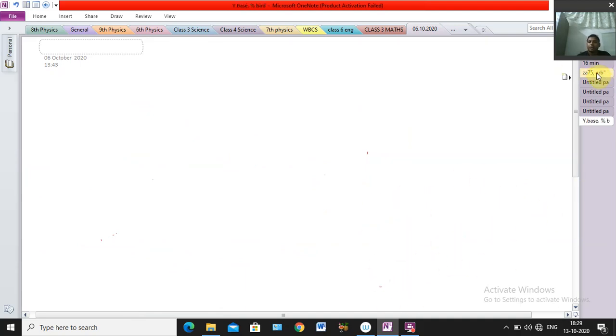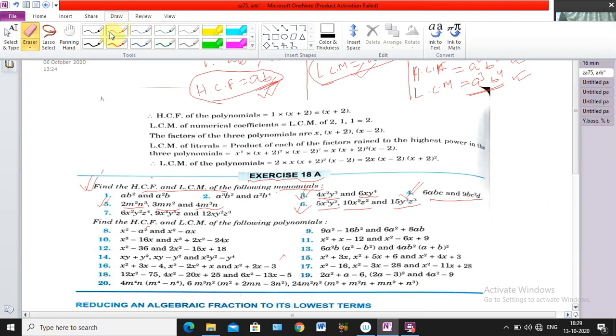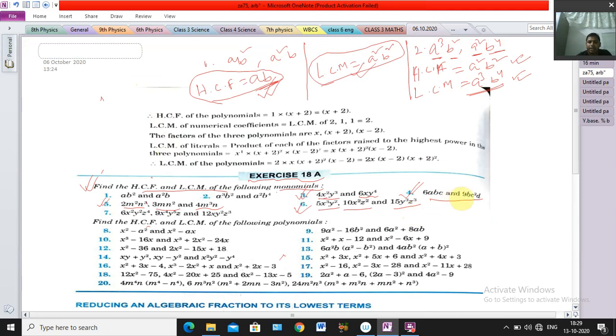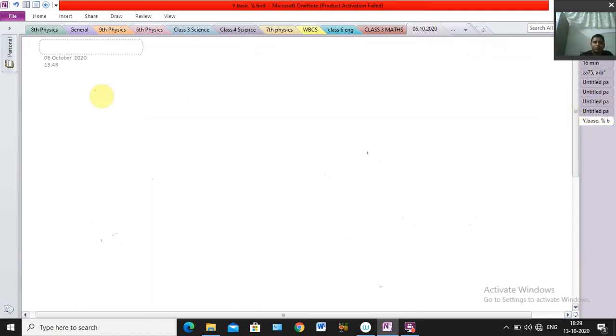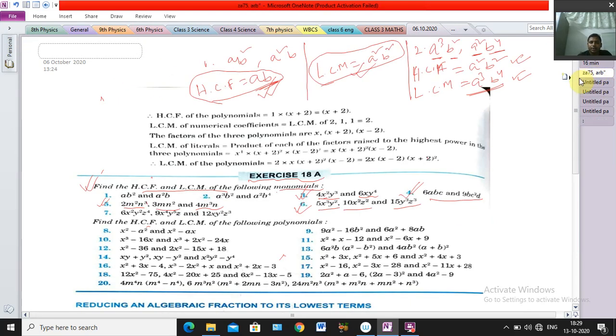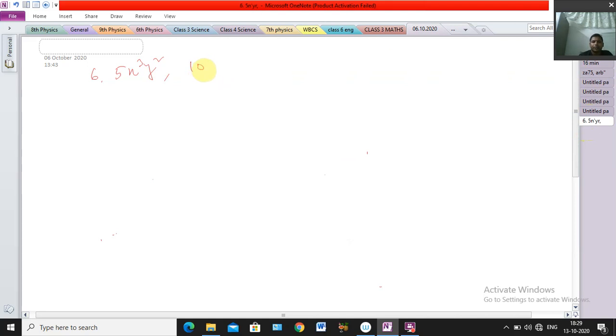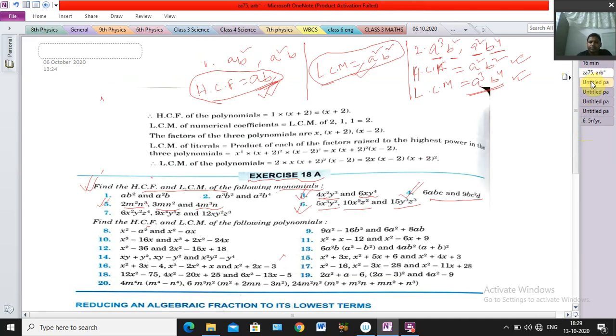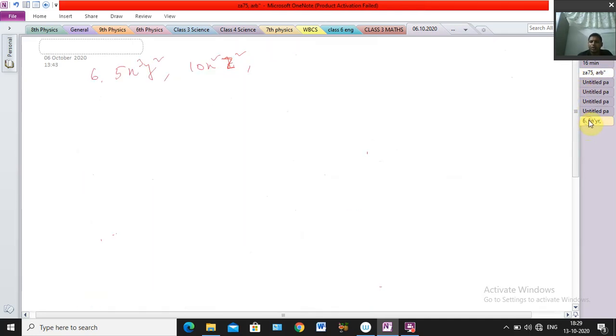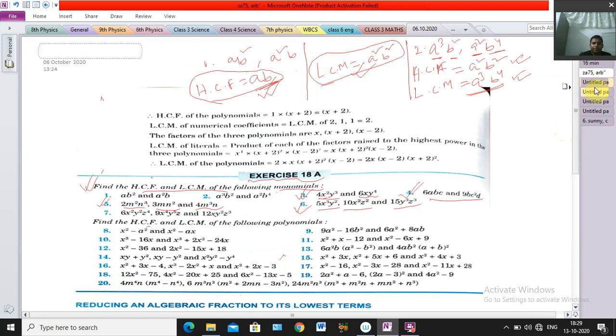Okay. So see. Question number 6: 5x cube y square, 10x square z square, and 15y cube z cube.